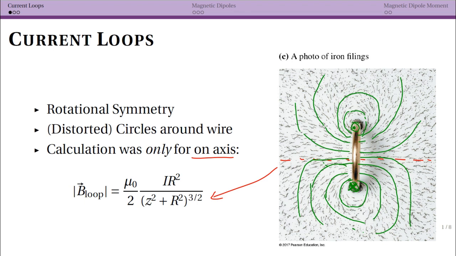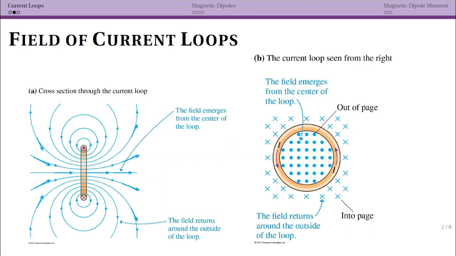So we can use symmetry arguments to think through what this must look like, but obviously it's going to be helpful if we try to do some accurate pictures of this using field vectors and field lines rather than just using iron filings. We now have two pictures showing our ring, and again note that we have the circle at the top, meaning current's coming out of the page there, and X at the bottom means that current is going into the page there.